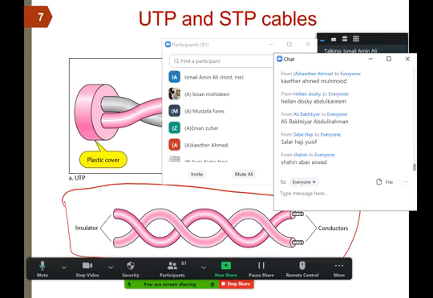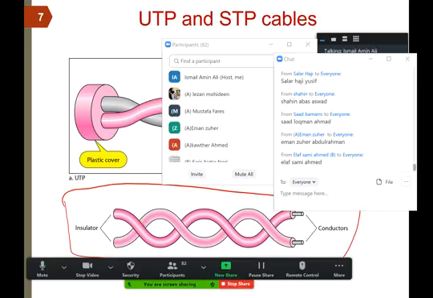So how does this interference happen? Send your names in the chat. I'll close it in less than 1 minute.